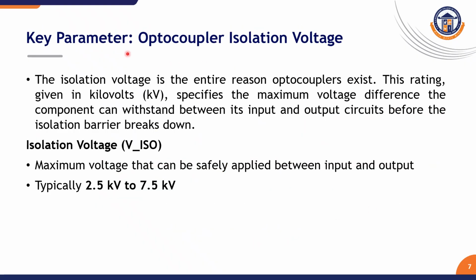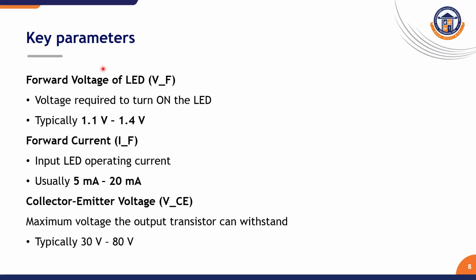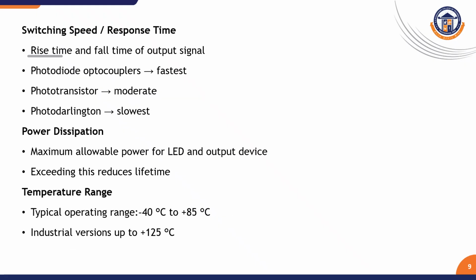The other key parameters are isolation voltage, which will be in the range of kilovolts. The forward voltage of the LED, VF, is 1.1 volt to 1.4 volt. The forward current of the LED is 5 milliamps to 20 milliamps. The output collector to emitter voltage can withstand 30 to 80 volt.